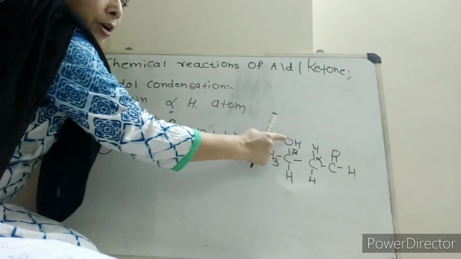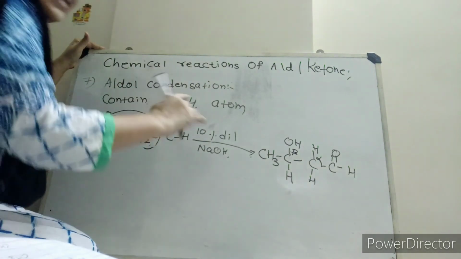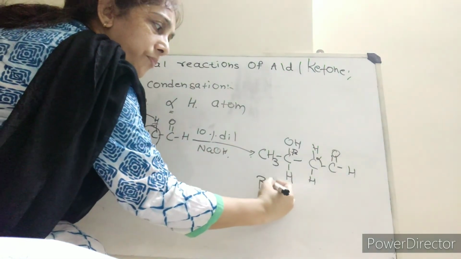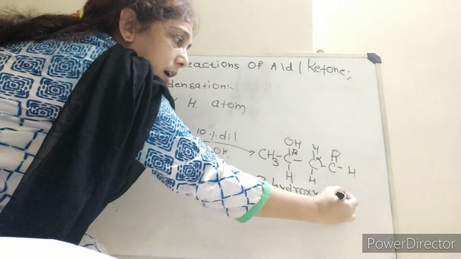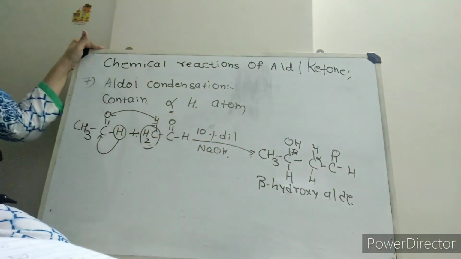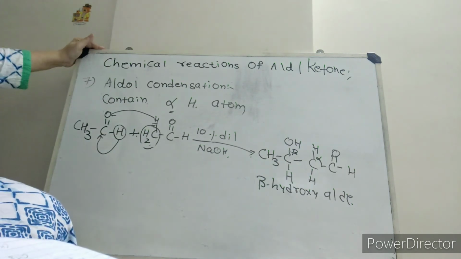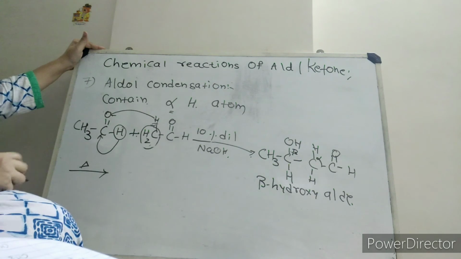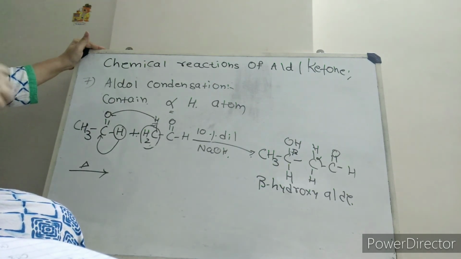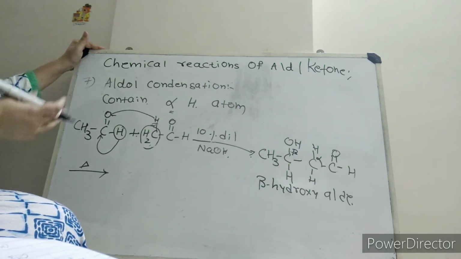To this beta carbon, an OH group is there. Hence, it is known as beta hydroxyaldehyde.